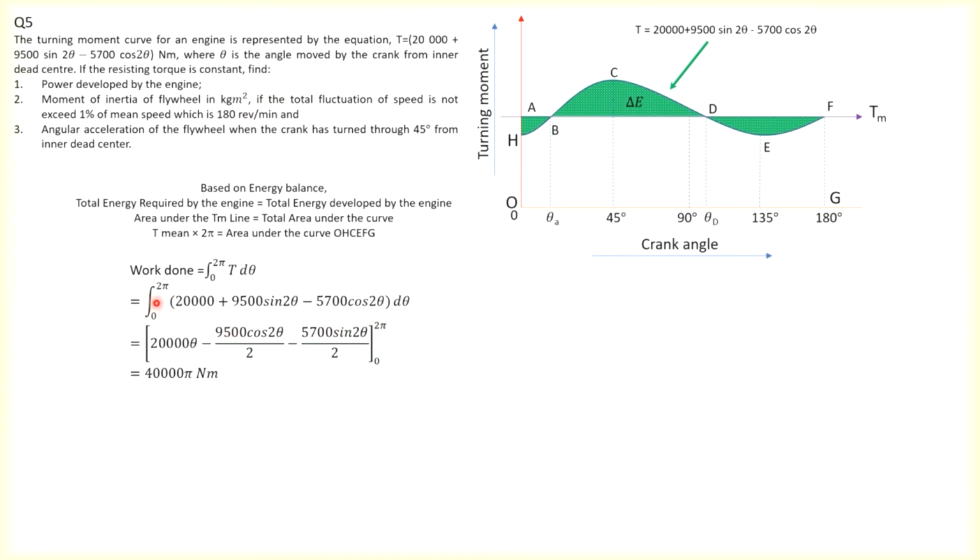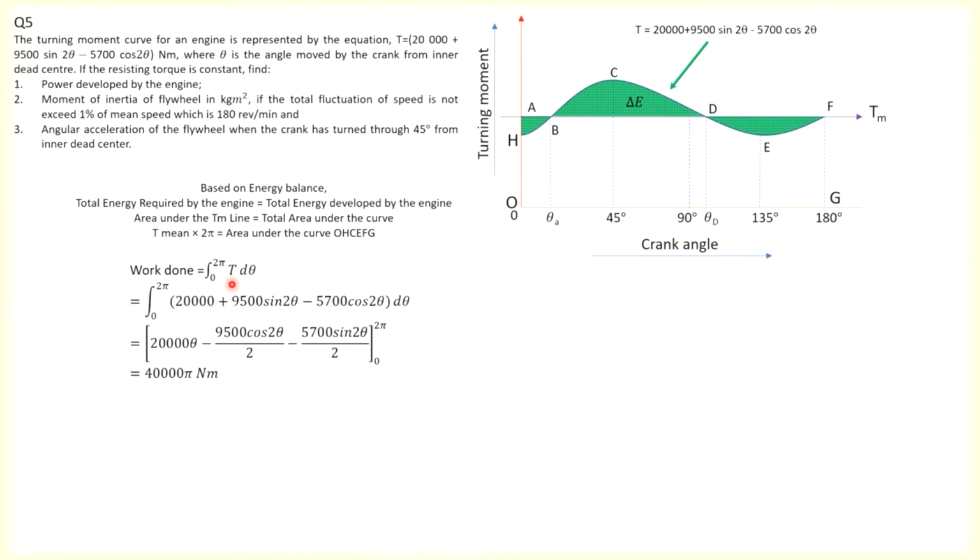So you have this equation here. Now what we need to do is integrate this equation with respect to theta, because we know that the area under the curve, or the energy developed by the engine, is equal to the integral of T d theta.